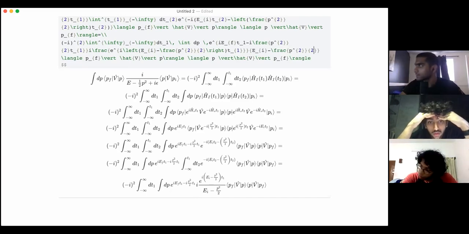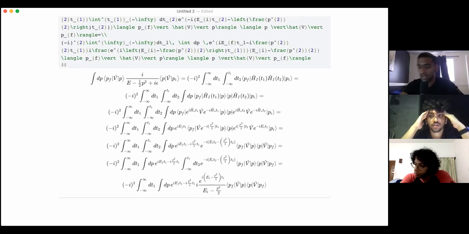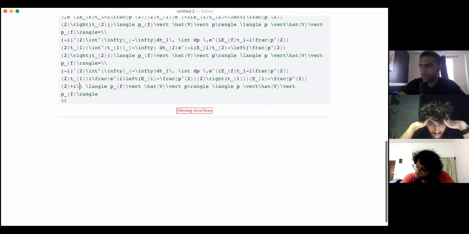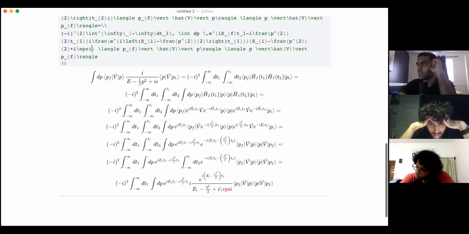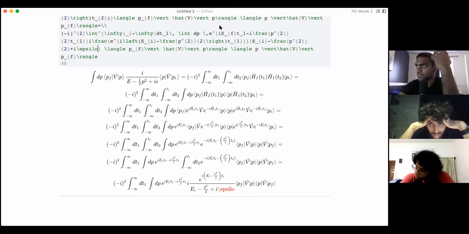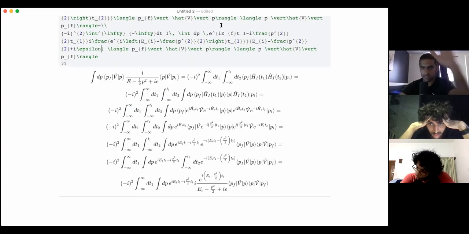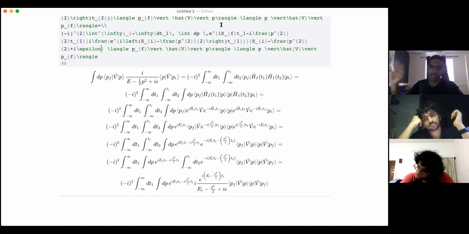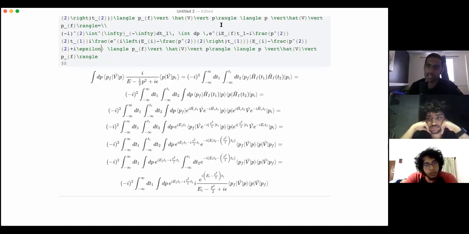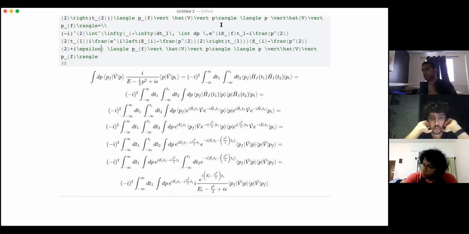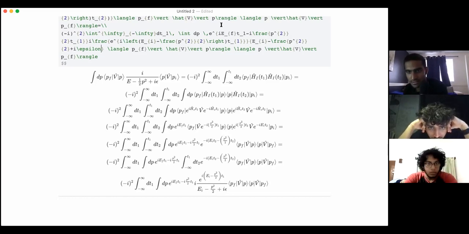And okay, well, we might as well add the i epsilon here. This is just to say that when we think about doing the P integral, we need to deform the contour. There's really a contour integral here. You're going to take epsilon to 0, but let's just add the i epsilon right now. We're not really thinking about doing the P integral, so in some sense, we don't need to put it there. But eventually, you're going to have to do it. Now we have just the T1 integral, and it'll give us a delta function.